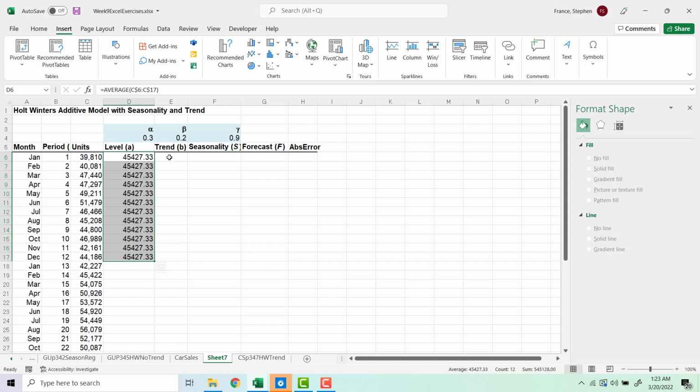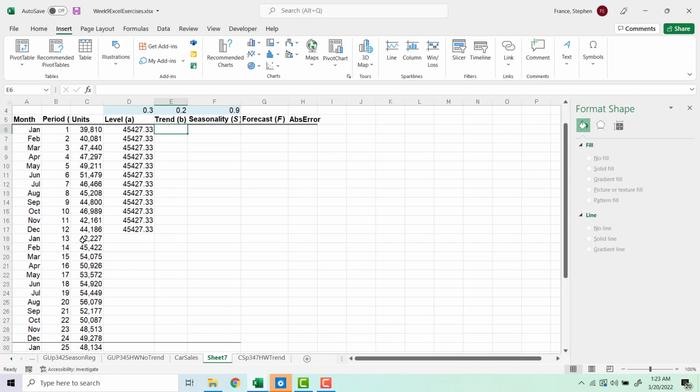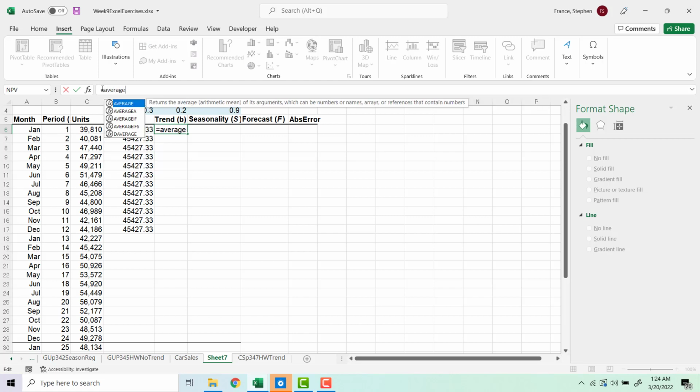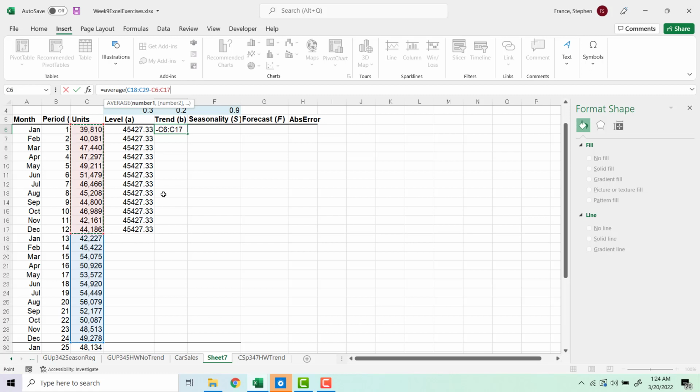Good. Now the initial estimate of the trend is the average change from the first year to the second year. And so this is going to be the average of the second year minus the first year.